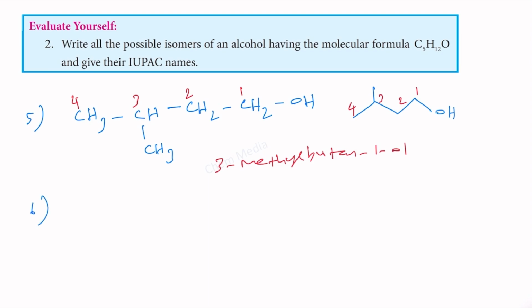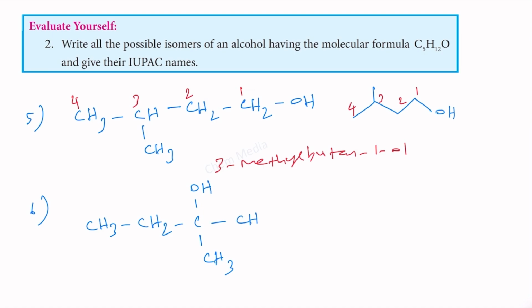So let us move the alcohol functional group to the second position. Therefore, we can also write 2-methyl-butane 2-ol, and that is CH3, CH2 and then carbon and then methyl group CH3 and then alcohol functional group.